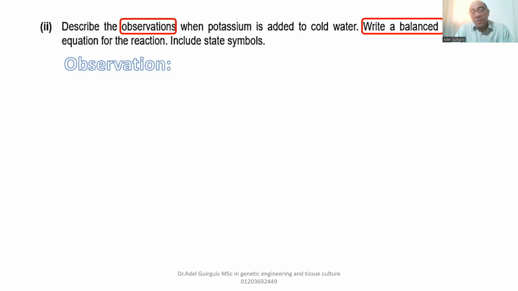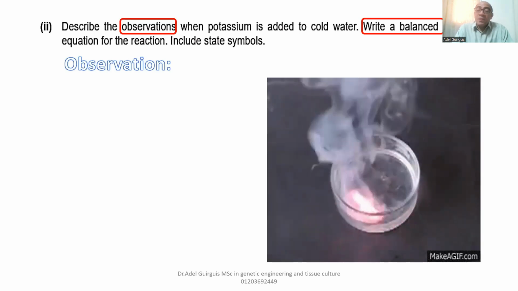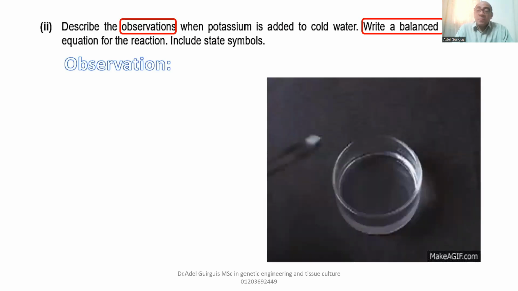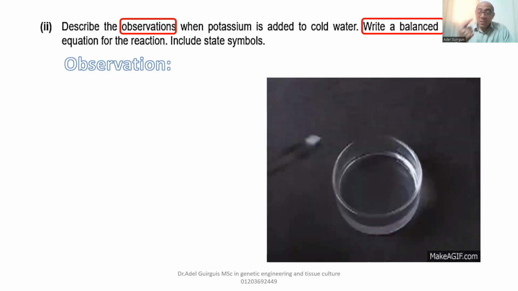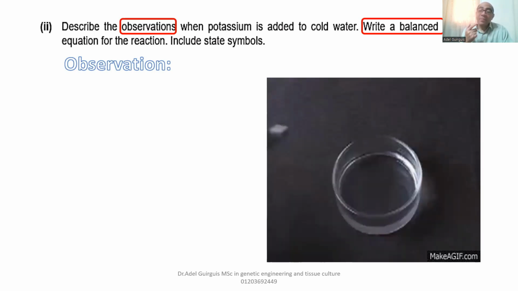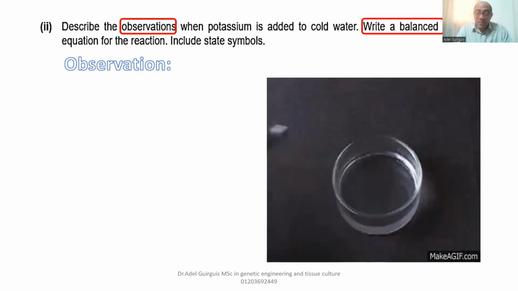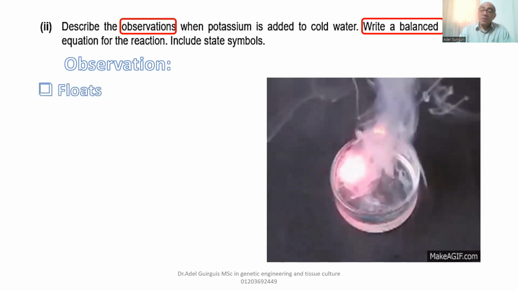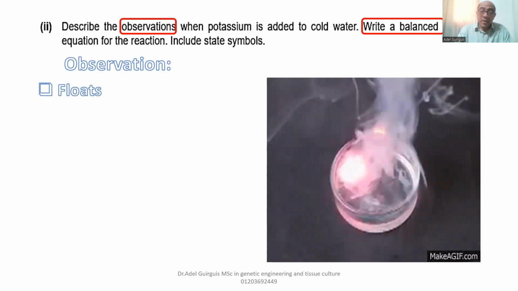So, observations. What about this observation when we add potassium to cold water? We depend on our sense organs. We can see, we can hear, not taste. Observation: the piece of potassium floats on the surface because it has lower density than water.